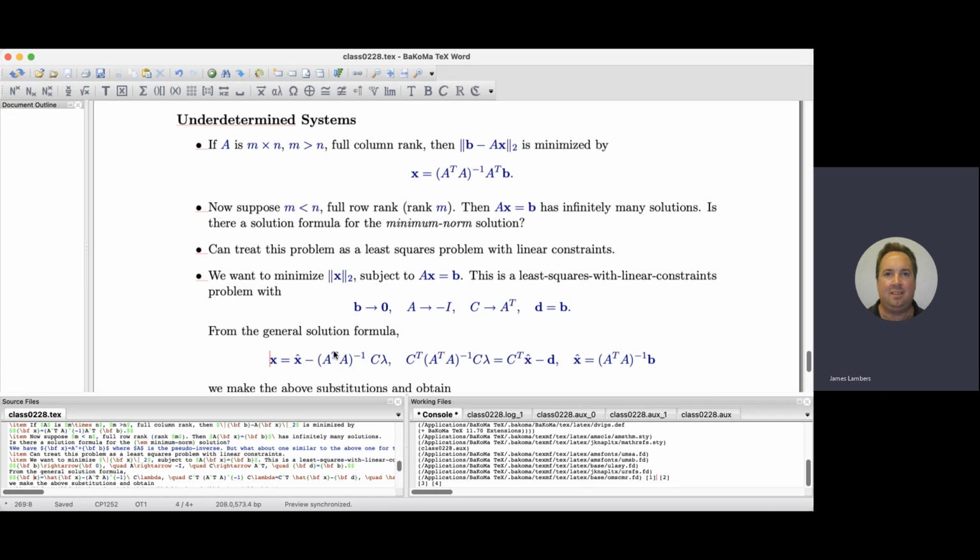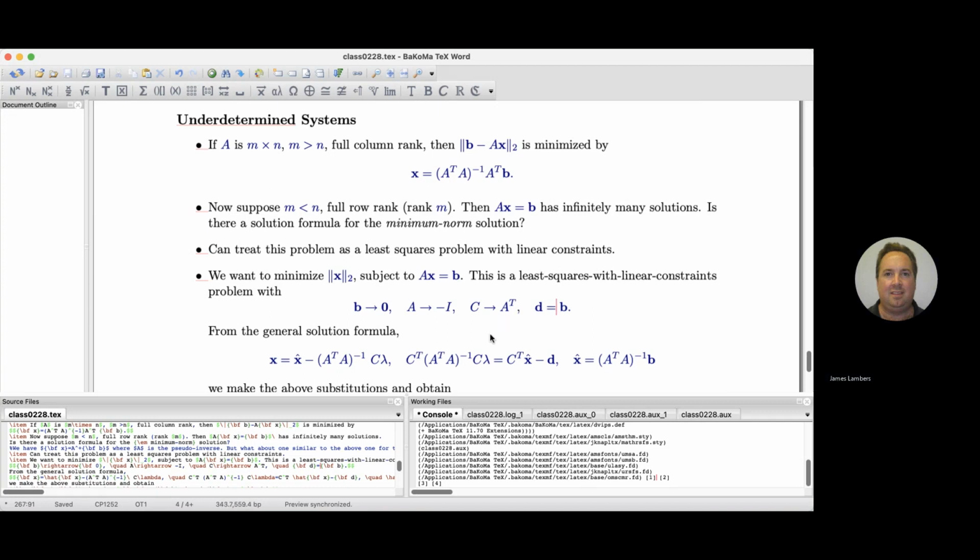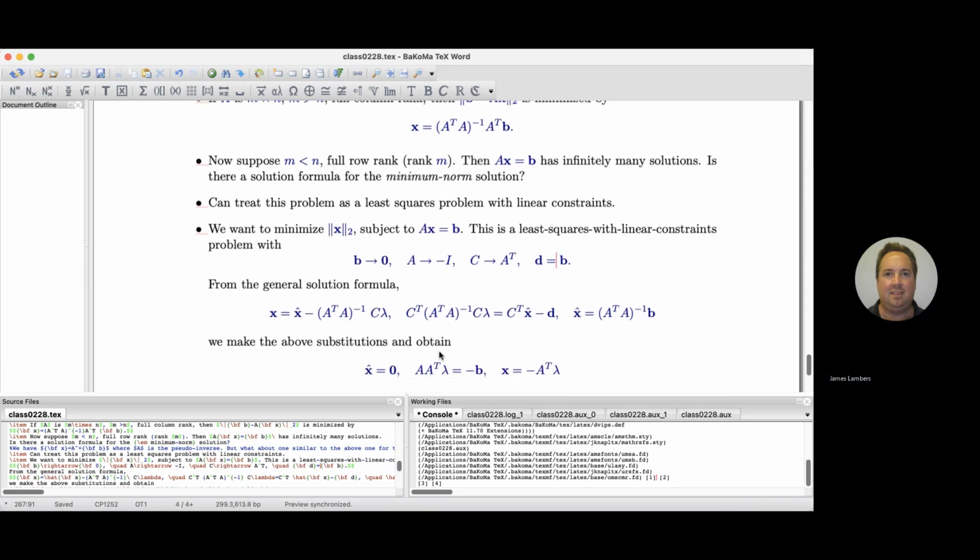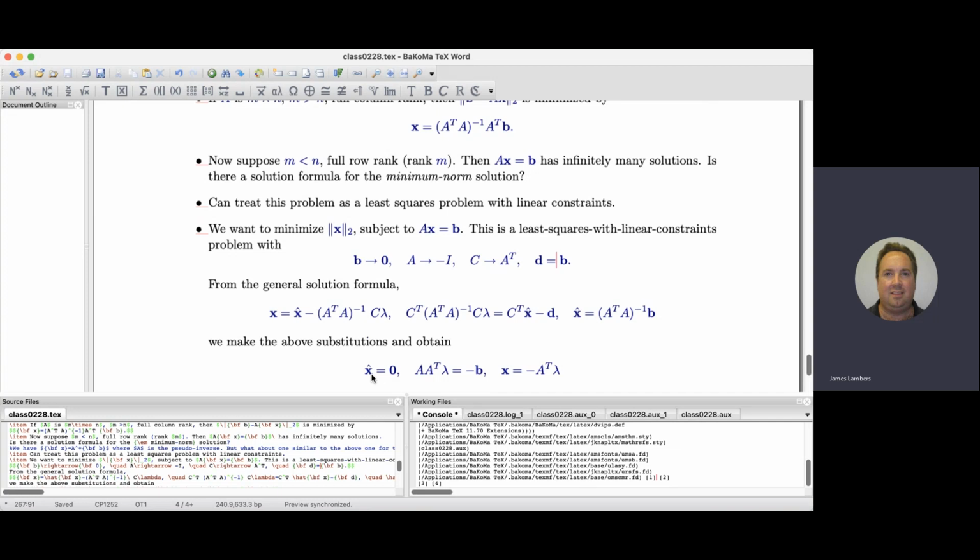So if I make these substitutions here, so b would be 0, where we see A here, that'd be minus identity, and so forth, then the solution for the unconstrained problem in this case is just going to be 0.